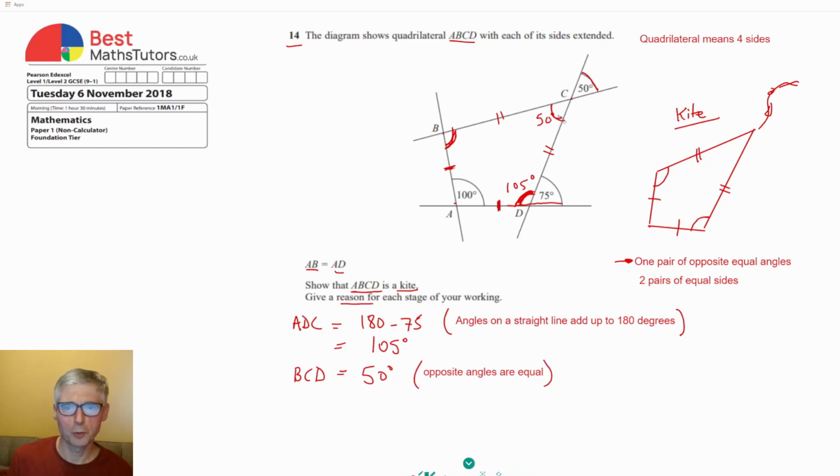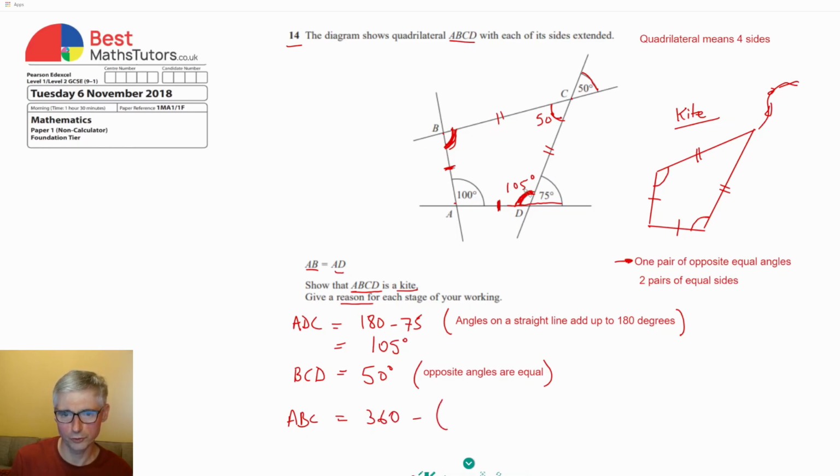So now we've got that one, BCD, we've got three of the four angles inside the quadrilateral, and we can find the fourth one, and that's because the angles in a quadrilateral add up to 360 degrees. So the angle ABC, which is this one here, must equal 360 degrees minus all the other angles added together.